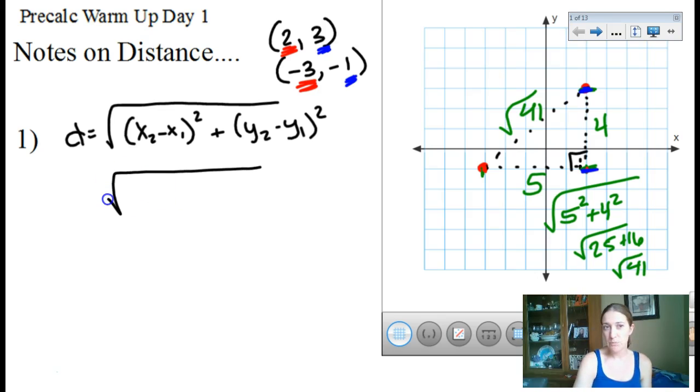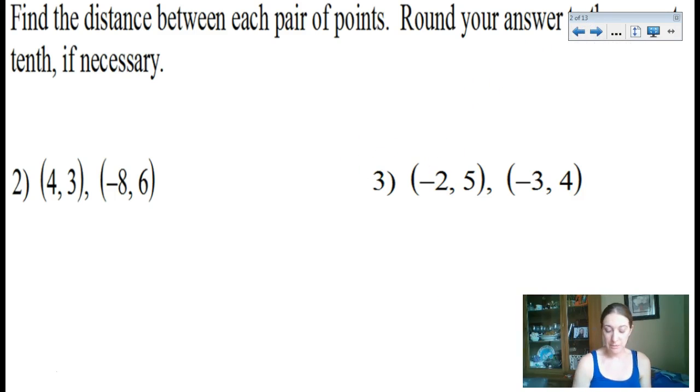Now for me, remember I don't like formulas, I think of it as the distance in the x direction squared, and the distance in the y direction squared. So again, it doesn't matter if you incorporated the negative into the problem because you're going to square whatever that number is. So when I do some examples of distance, you're going to see me basically take a little shortcut, and that's exactly what I'm going to do.